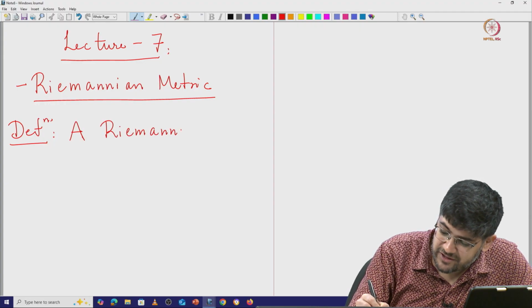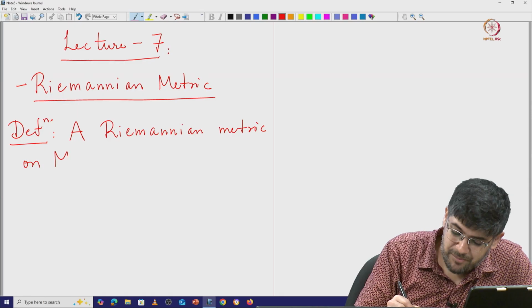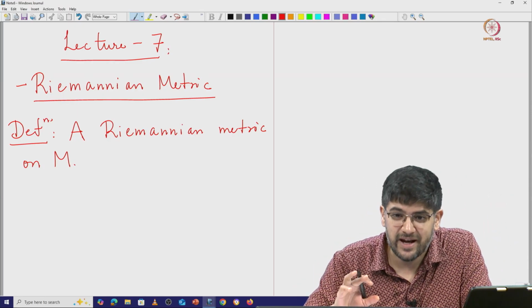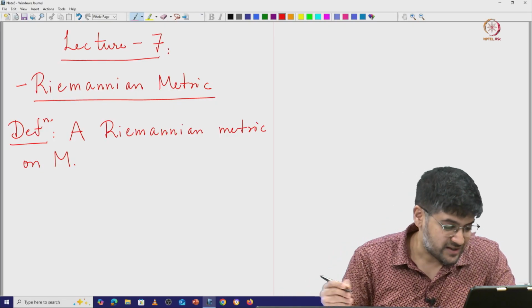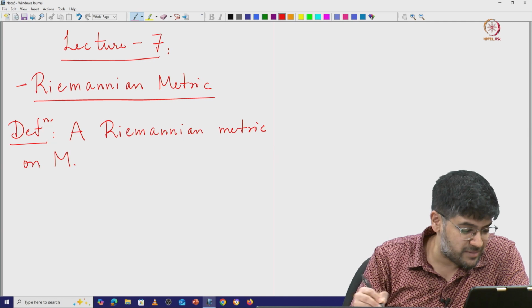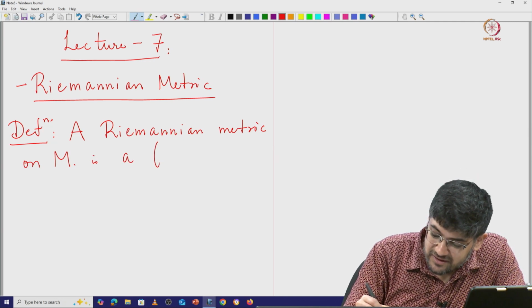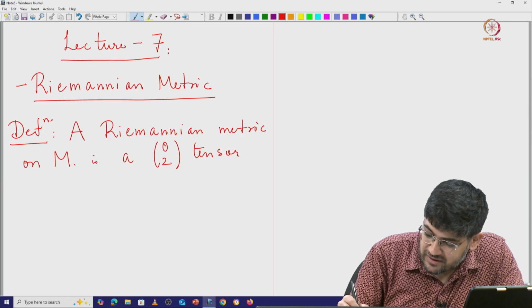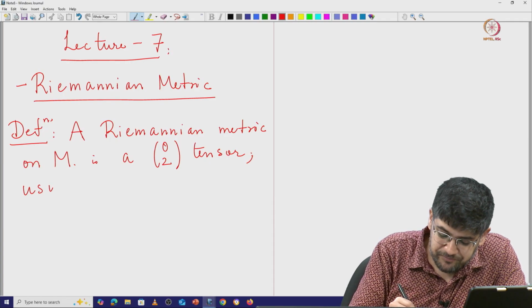So a Riemannian metric on M. From now on I am not going to keep repeating this, but M is going to be an n-dimensional smooth manifold unless otherwise stated, right. So a Riemannian metric on M is a 0-2 tensor which is usually denoted by g.